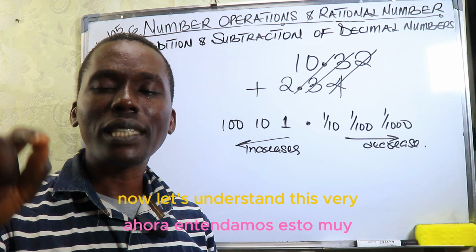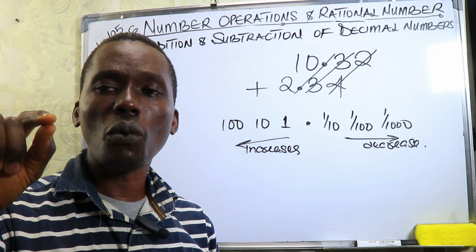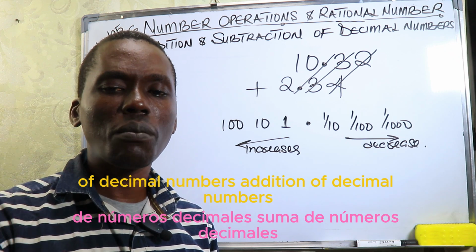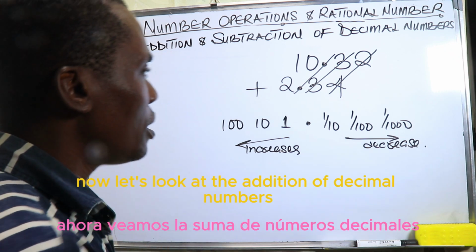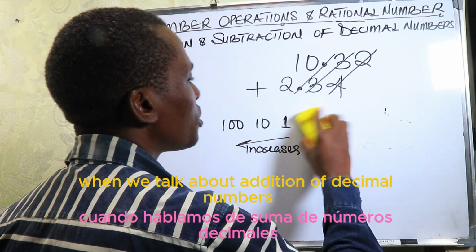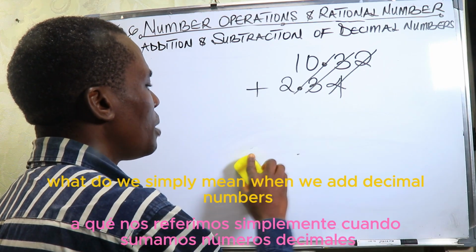Now let's understand this very well with the help of decimal numbers, the addition of decimal numbers. When we talk about addition of decimal numbers, what do we simply mean?